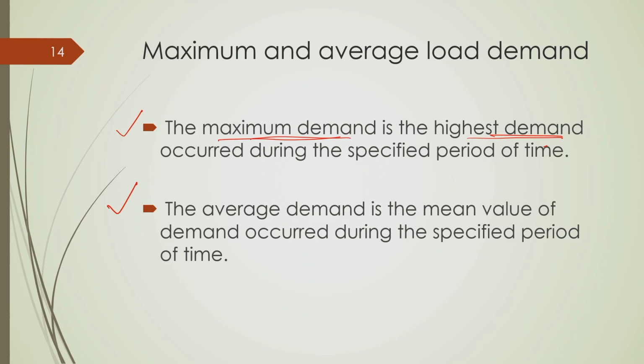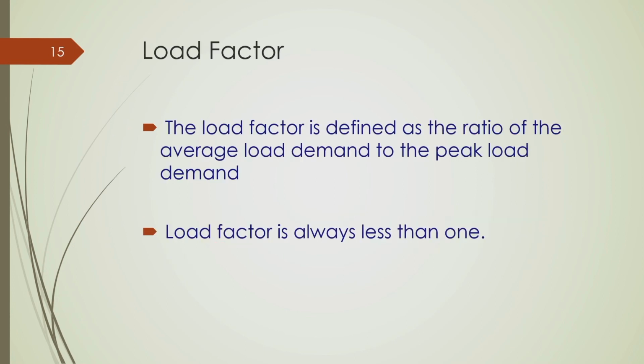Instead of calling it morning peak or evening peak, we simply take the highest peak as the peak demand. This is an important parameter. Another important parameter is the average demand, which is the mean value of the demand during the specified period of time. This is nothing but the area under a particular load curve divided by the duration.